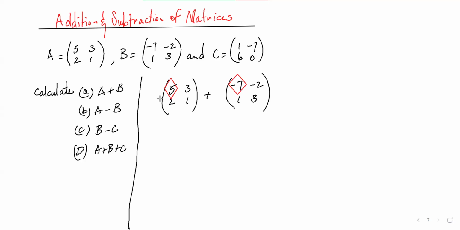So you're going to work with the 2 and this one, which is a 1. You're working with that order all the time. So 5 plus -7 is -2.